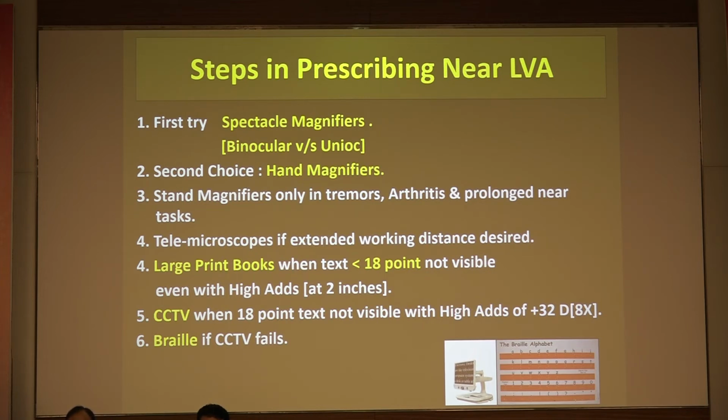Then you shift the patient to reading large print books. When he is not able to read text lower than 18 point, even with high adds, you prescribe a CCTV when 18 point text is not visible with high adds of plus 32 diopters. And if all this fails, then you ask the patient to shift to reading and writing Braille.